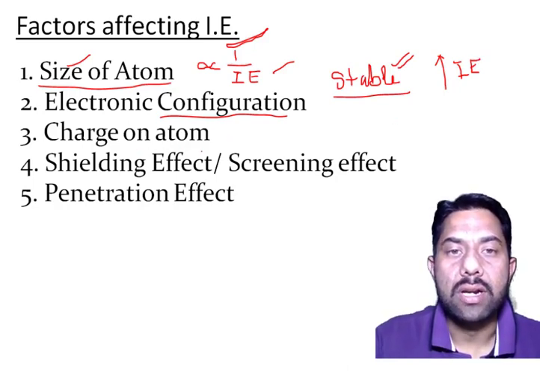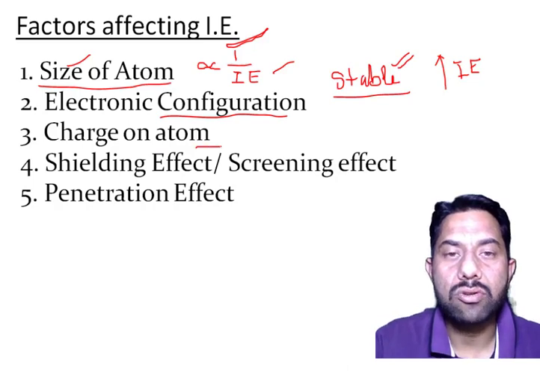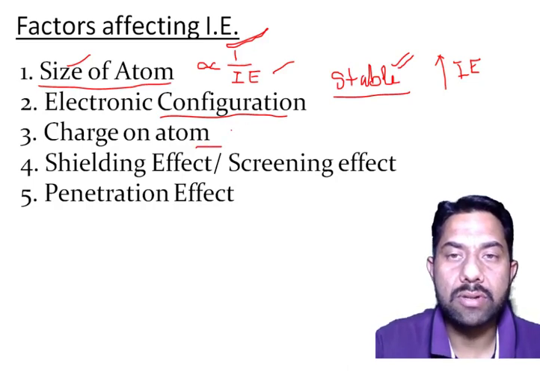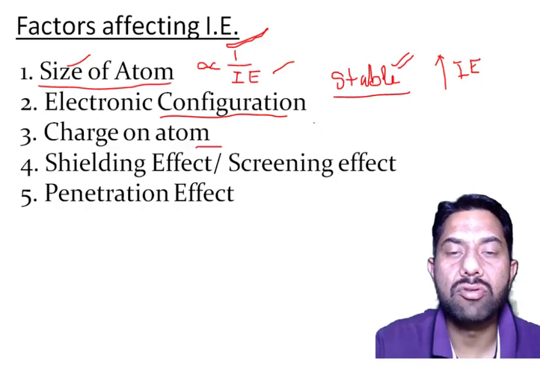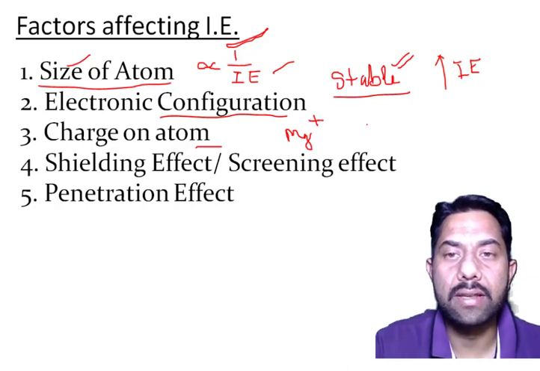Then charge on atom. Charge on atom means whether it will be positively charged. The greater the charge, the more difficult the removal of an electron will be. For example, Mg+ is there, where we have removed one electron, and then another species is Mg2+.